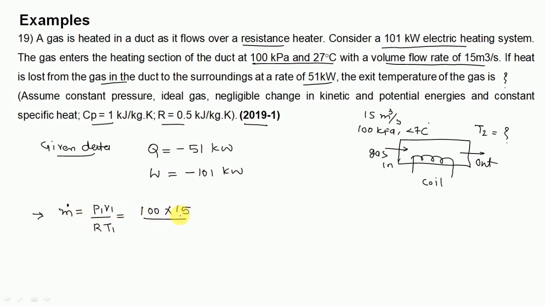R is 0.5. Inlet temperature T1 is 27 degrees plus 273, so converted into Kelvin it is 300. If you calculate from this equation, the value of the mass flow rate is 10 kilogram per second. So this much amount of air is flowing through this system.